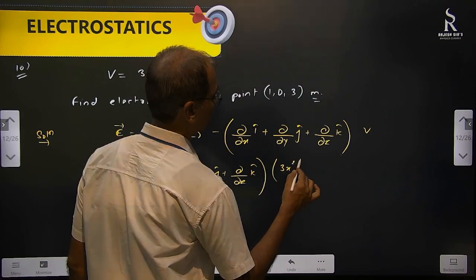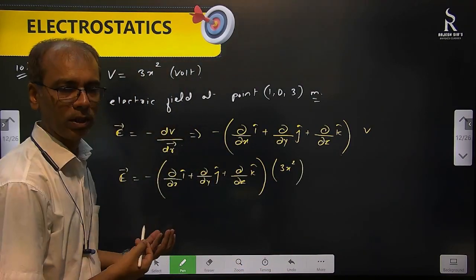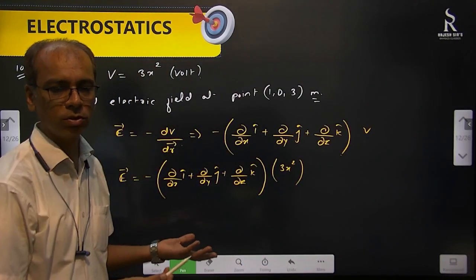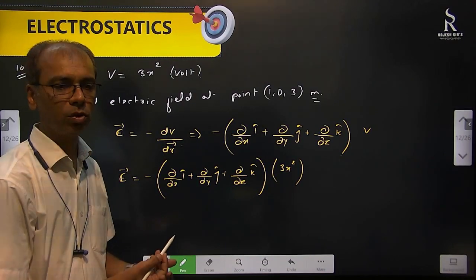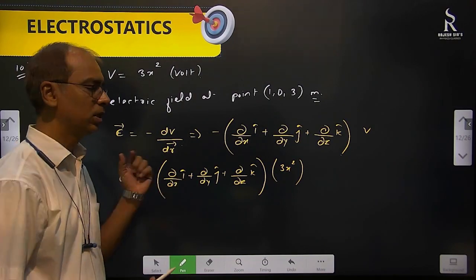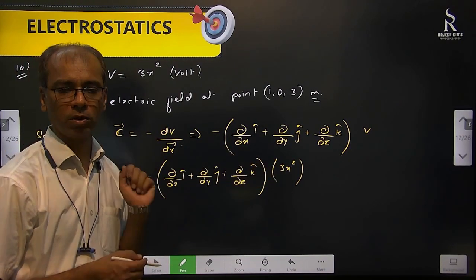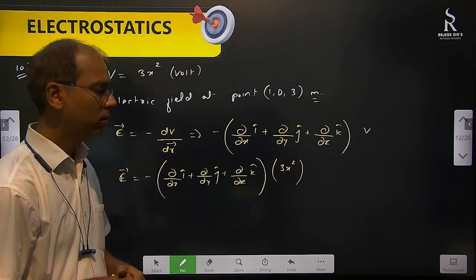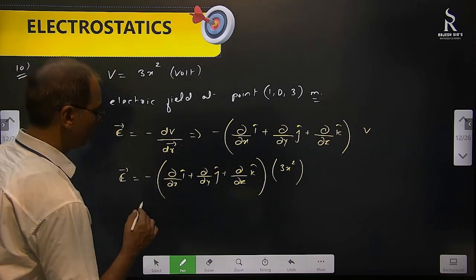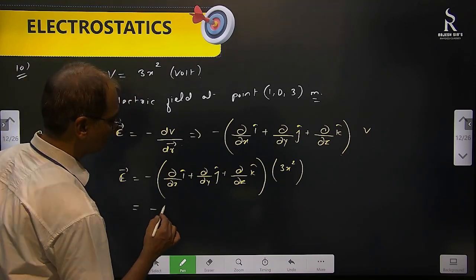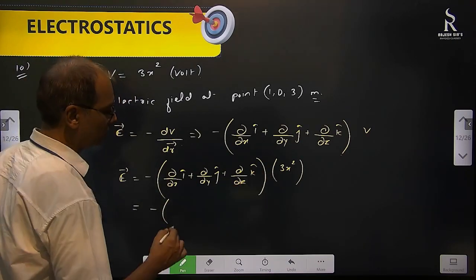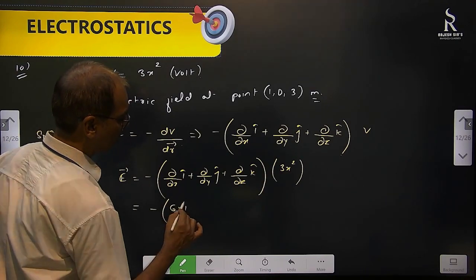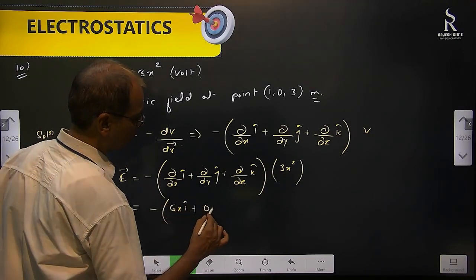So we are going to differentiate with respect to x, obviously nothing else is going to work because all others differentiation is going to be 0. When differentiating with respect to y, x becomes constant. With respect to z, again x is constant. So only d by dx we have to do. So minus, as it is, d by dx of 3x square will be 6x i cap. Then all 0.